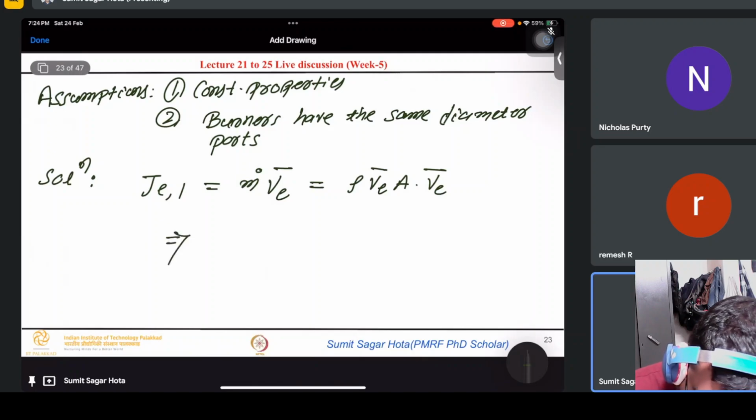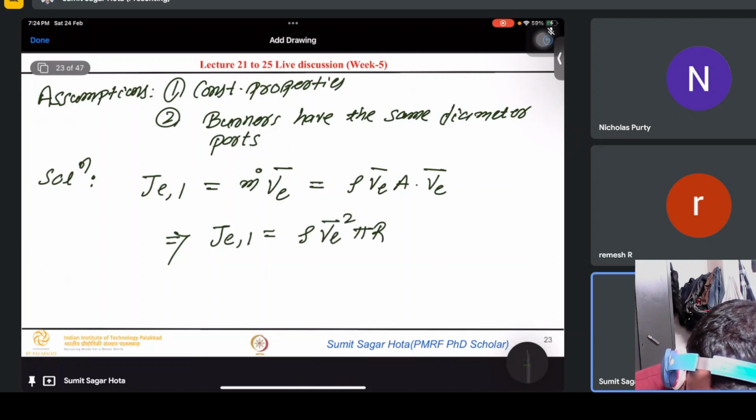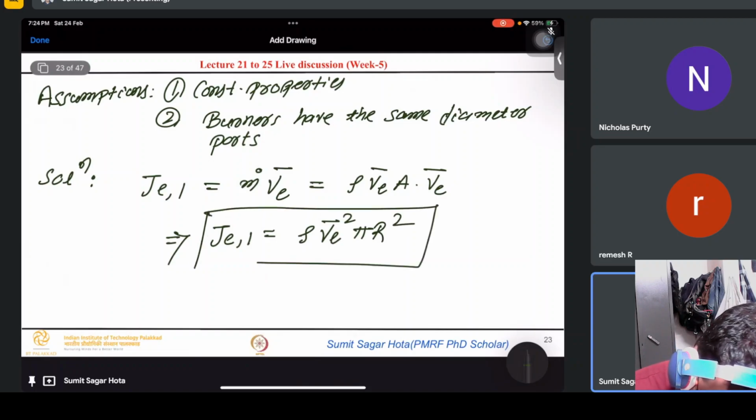Write down: m dot 1 is equal to rho V by R. This is your first one.